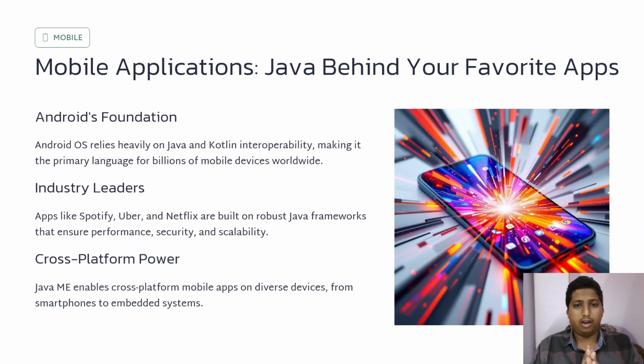Now let us look at how Java is used in mobile applications. Java plays a very important role in Android operating systems. Java is used with Kotlin in Android OSs, and many industries are using Java for their frameworks, like Spotify, Uber, and Netflix, which are built on robust Java frameworks that ensure performance, security, and scalability.